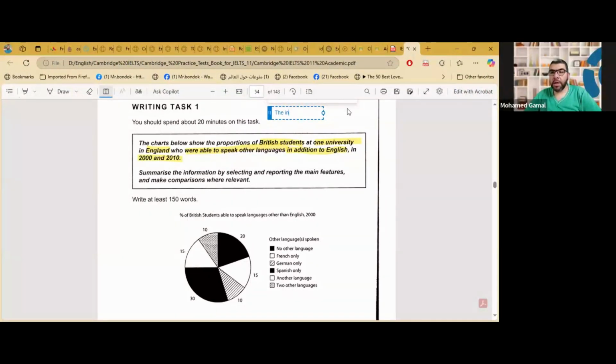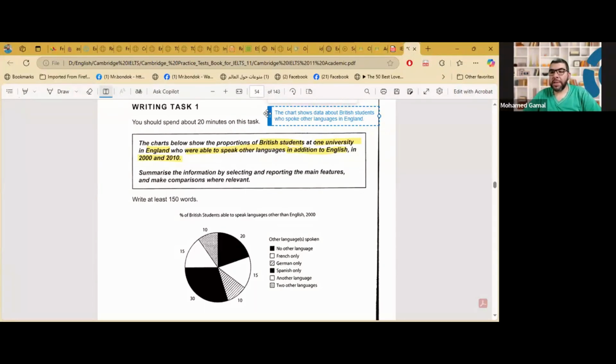Sometimes I find people saying, for example, the chart shows data about British students speaking, also who spoke, other languages in England.